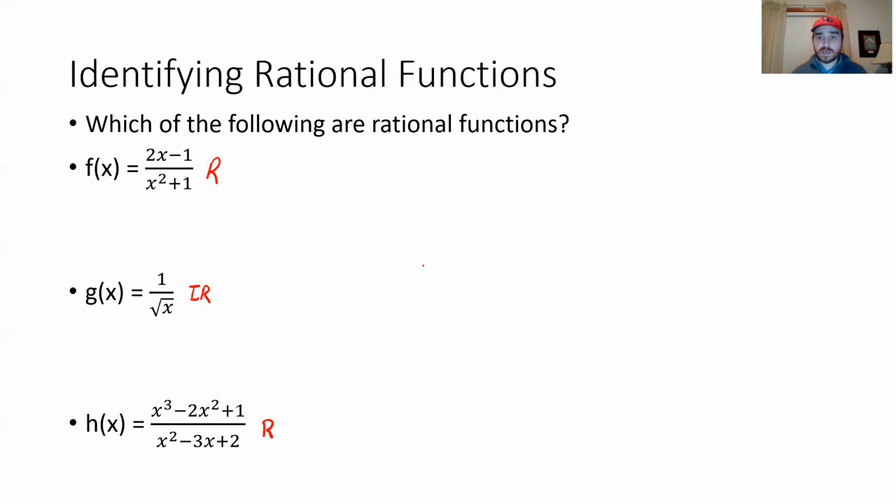Now, like I was just saying, we can also look at the bottom, the denominator, and find the zeros of it. That will give us the numbers that don't fit into our domain. So what we do is find the zeros of the denominator.